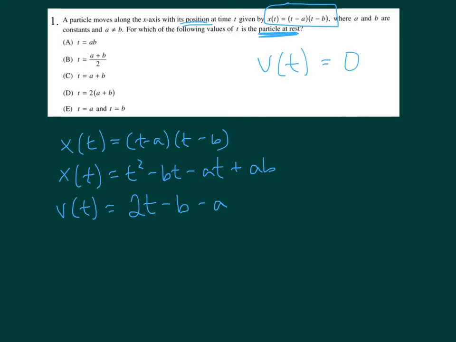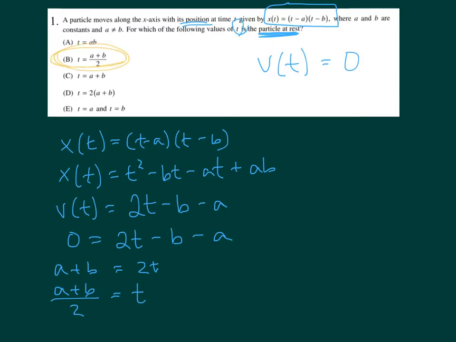So I'm going to set my velocity function equal to 0 and solve for t. I'm going to add the b and the a over, so I would have a plus b equals 2t. Then I would divide by 2, so t is equal to a plus b all over 2. If I look at my choices, hopefully you all see that that matches up with choice B.